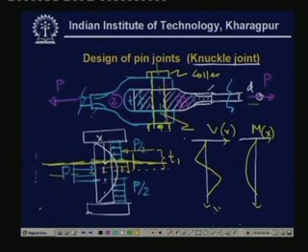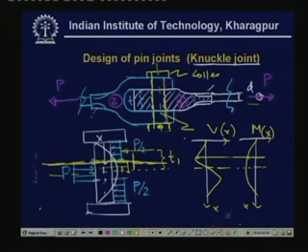You see that the bending moment is maximum, but the shear force is 0 in the mid plane. But here we definitely have some value of shear force as well as bending moment. Once we have that, we have both the normal stress and the shear stress. Then we will have to use other theories of failure.